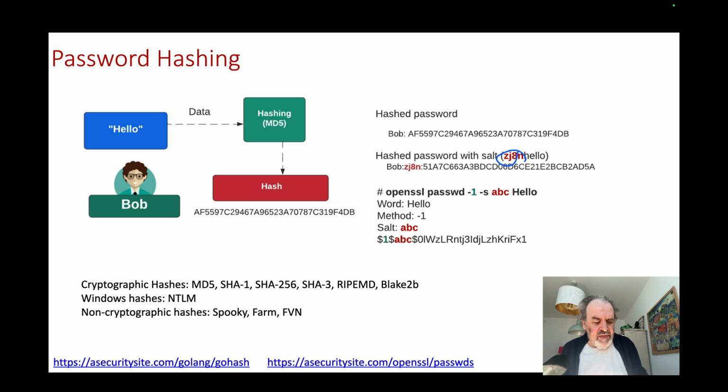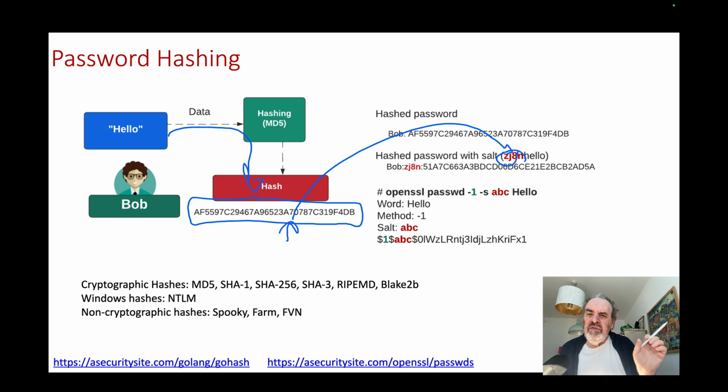So in this case, the MD5 hash for the word hello with a capital H is this hash. But then if we add in a salt value at the start of the data, then we will produce a new hash for it.